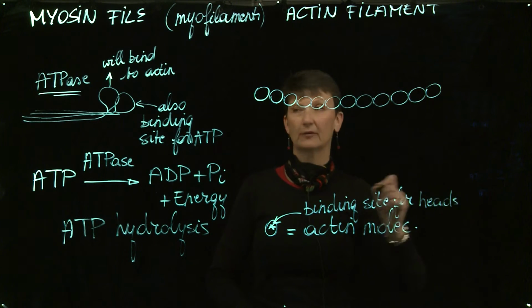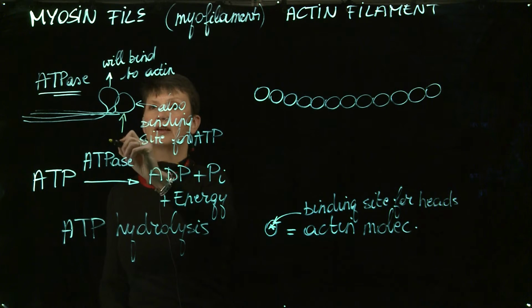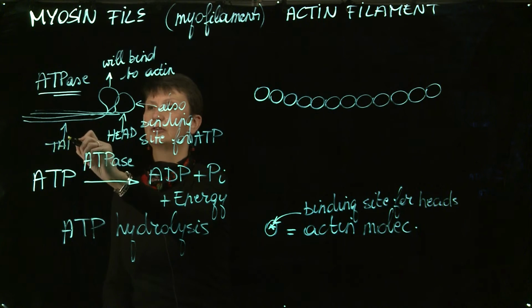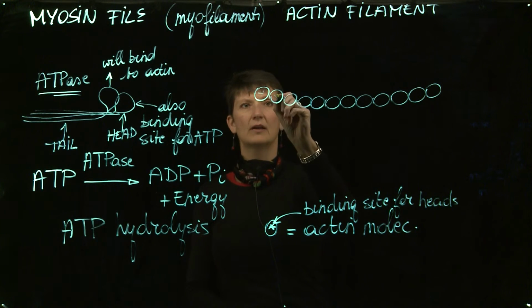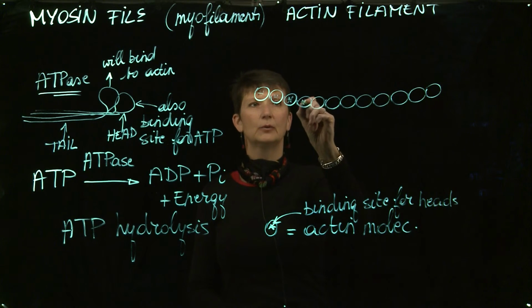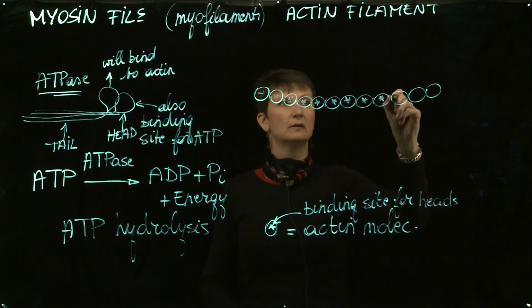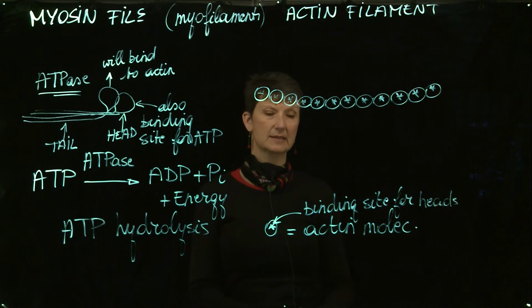So if we jump back for a moment to the thick filament, we refer to these as the heads, or just the head area, and this as the tail area, or just the tail. So all of these little crosses that I'm putting on these actin molecules are the binding sites.